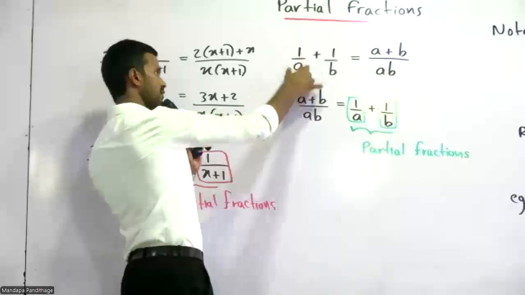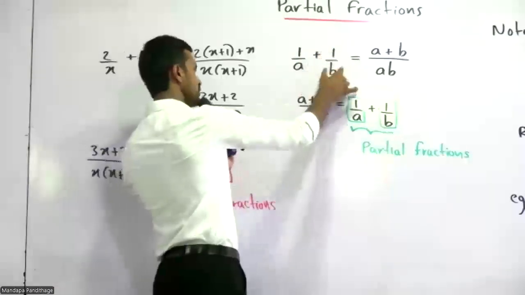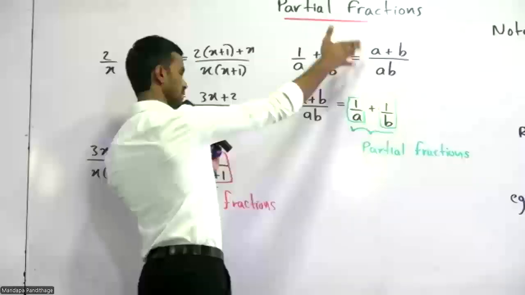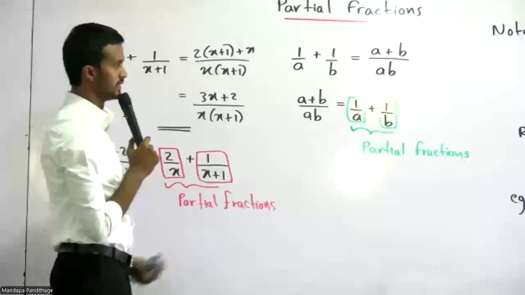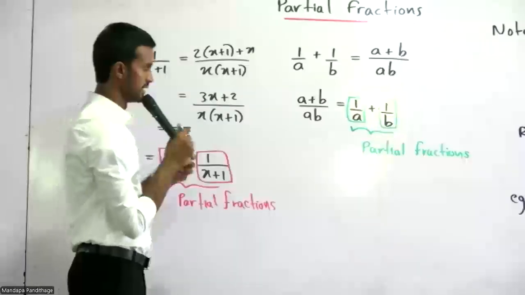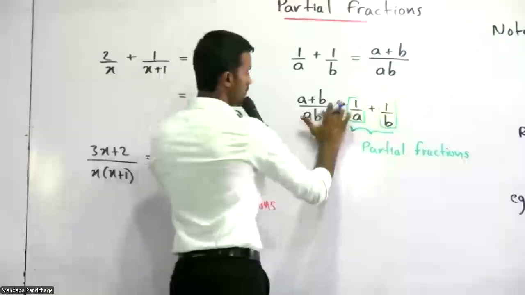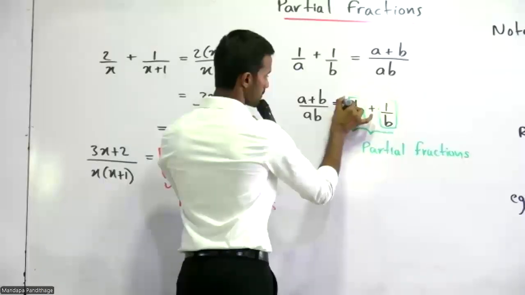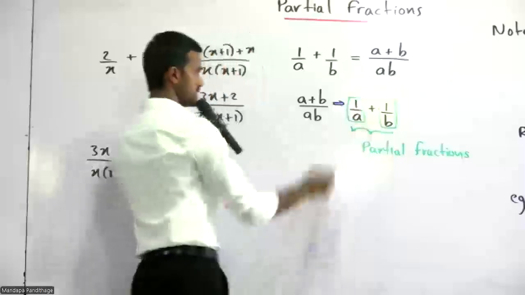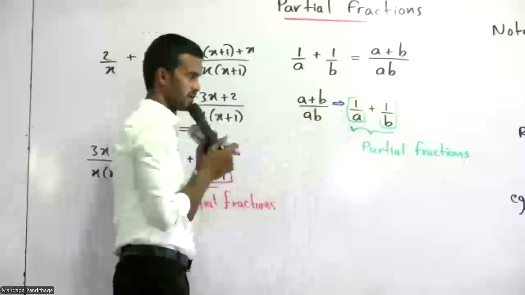We can write this: 1 over a plus 1 over b is equal to, you can look at the board, a plus b over ab. Which means a plus b over ab is equal to 1 over a plus 1 over b.